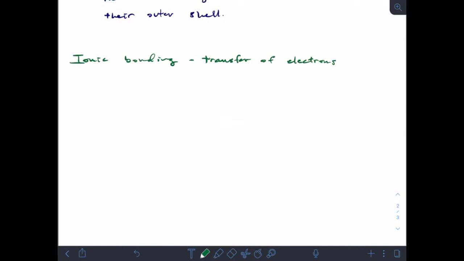Let's take a look at an example, our good old friend sodium chloride. Sodium's electron configuration is neon 3s1. Chlorine's electron configuration is neon 3s2 3p5.